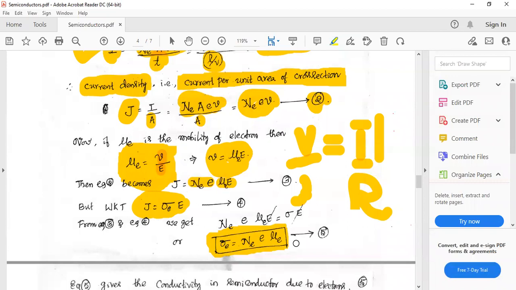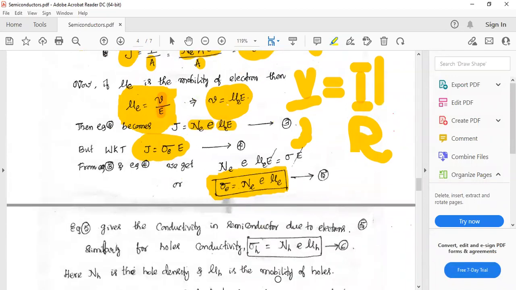If I consider an intrinsic semiconductor, where I have an equal number of holes, the conductivity is also due to the holes, and that expression, the conductivity due to holes, can be given as N_h e mu_h.